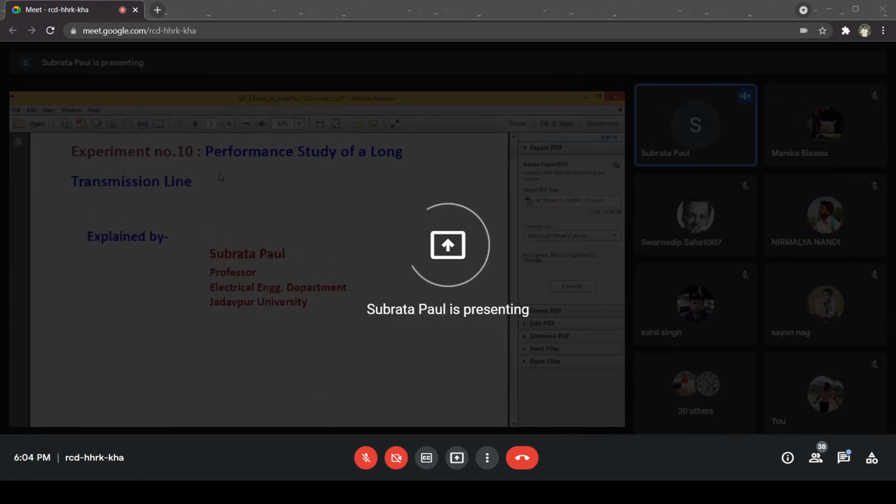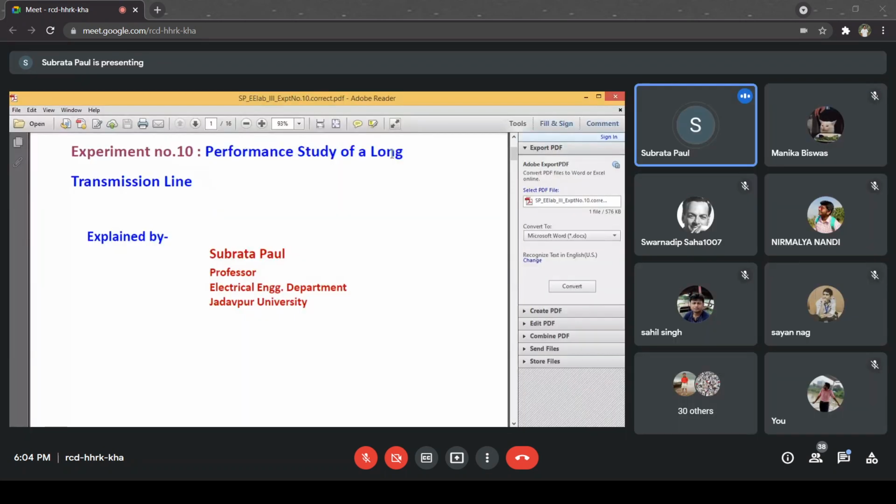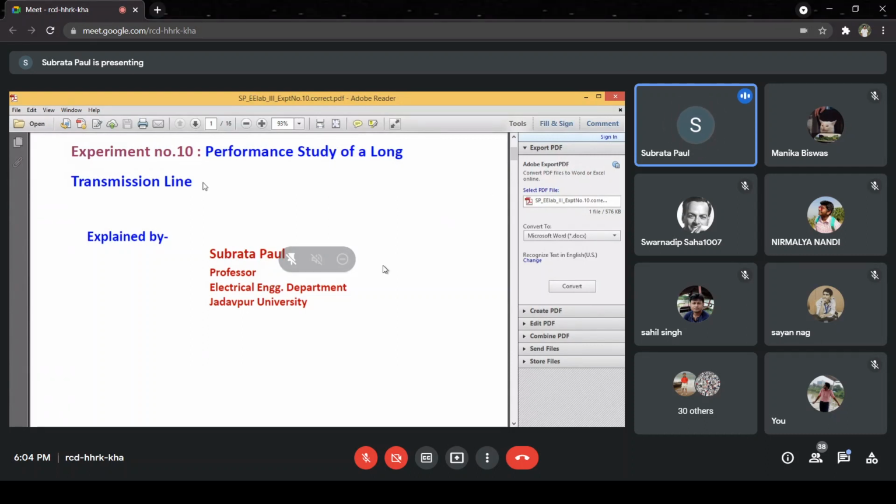The title of the experiment is Performance Study of a Long Transmission Line. First of all, the theory regarding long transmission line has already been covered, probably in an earlier class, earlier semester, or maybe during this semester.